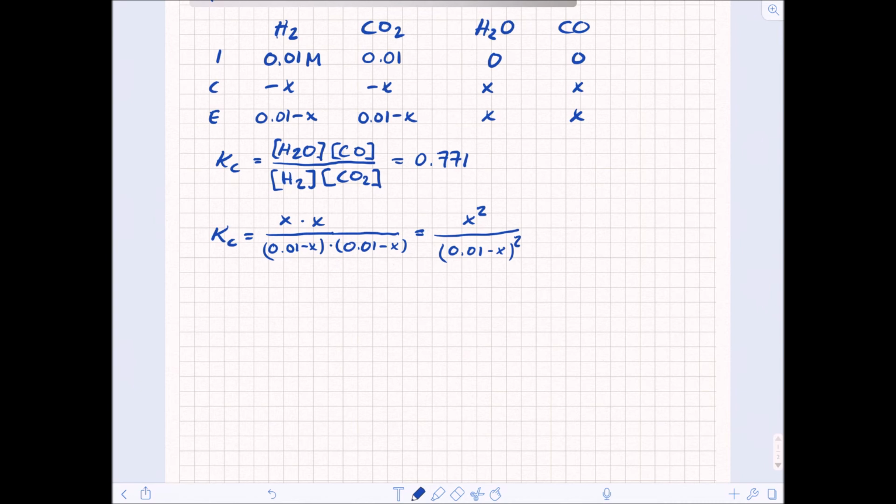To solve this, this is basic algebra, which I'm sure you know.